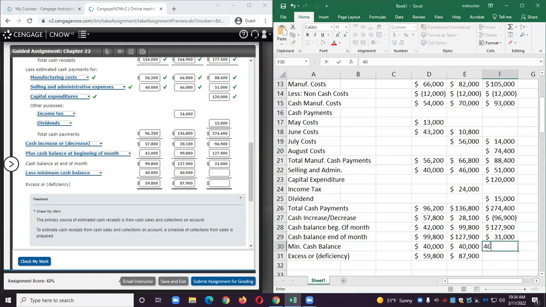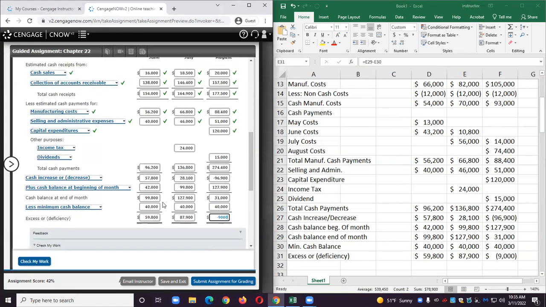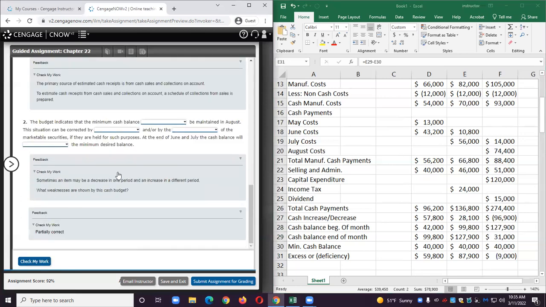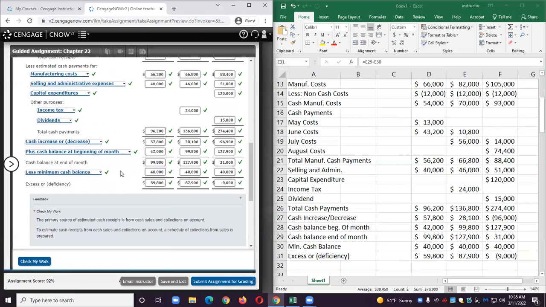My minimum cash balance is 40,000. Meaning I'll have a deficiency of 9,000, or 9,000 less than the minimum we want to have. Why? Because we made that big old capital purchase, right? We spent an extra 120 grand that month. Sometimes that happens.